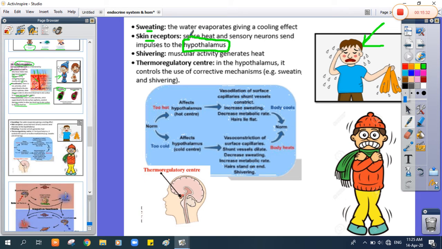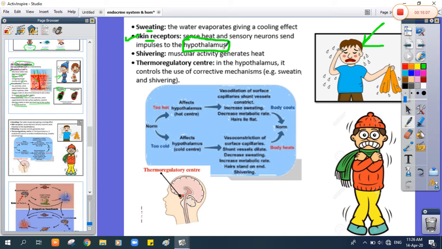Okay, why? How do I feel cold? How do I feel hot? What makes me feel the coolness or the hotness? The skin receptors. The skin receptors in your skin feel the change in the temperature, and the sensory neurons send the signal to a controller in your brain called the hypothalamus.